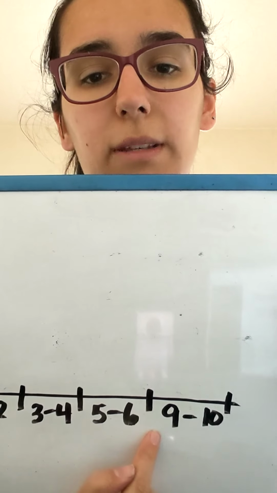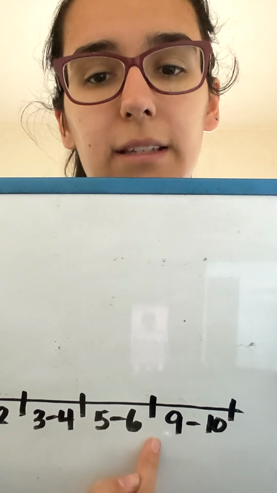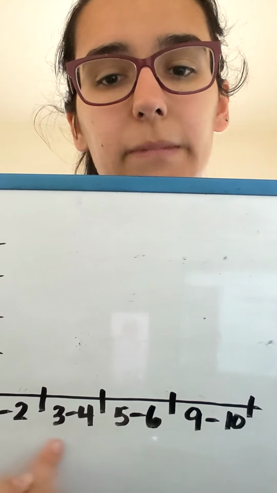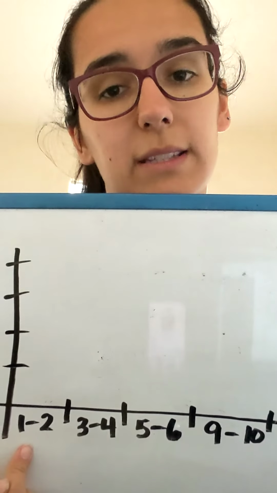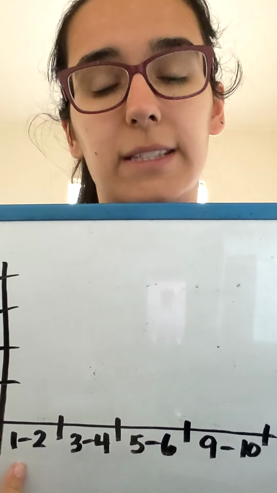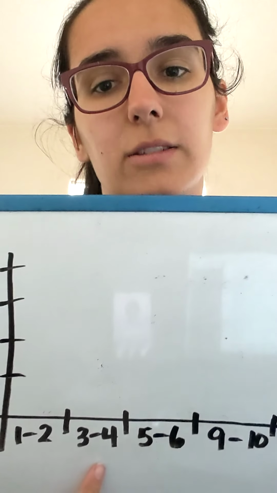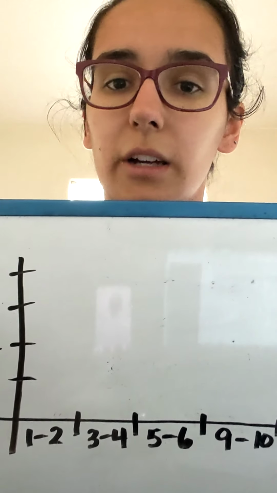But there's an interval missing. You see that? 7 and 8 are missing in this bottom number line, okay? That is no good because we still need that data. Even if it's 0, we still want it to be represented, okay? So that is a really bad example.